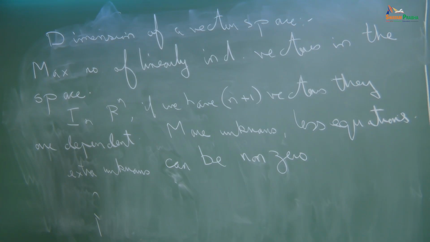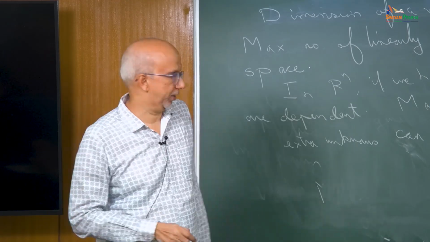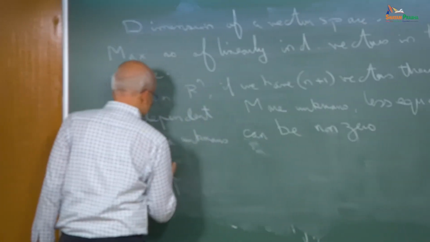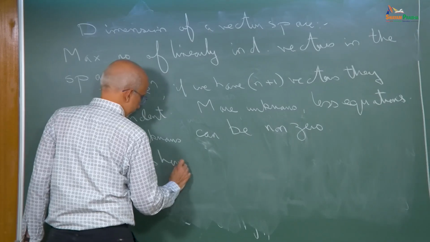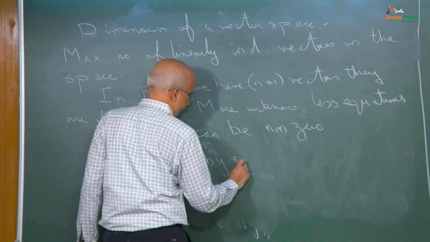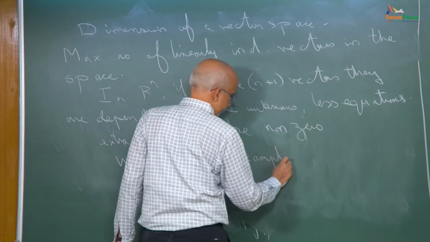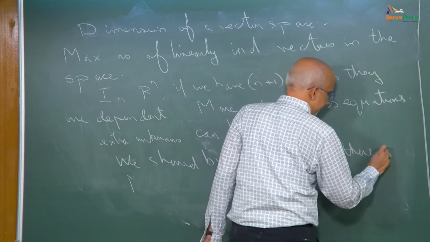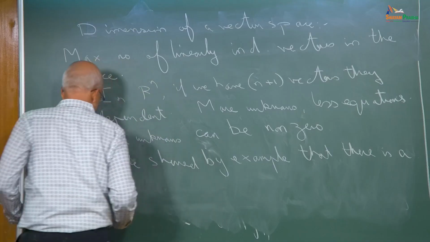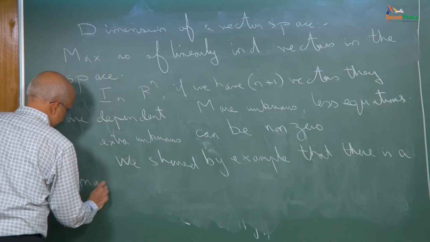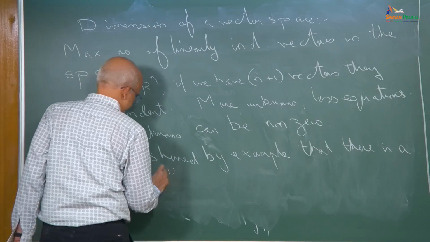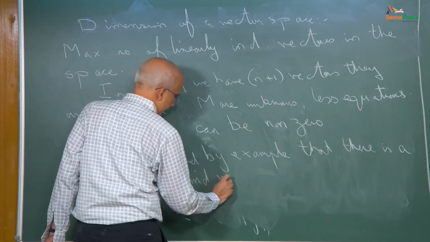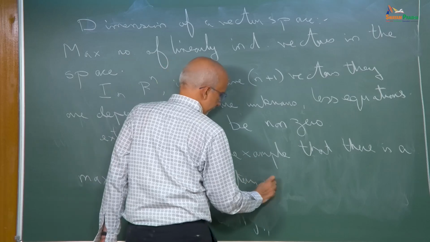And we showed that you can have a maximum of n independent vectors, right, E1, E2, E3, where E1 has 1 in the first coordinate, everything else is 0, okay. And we showed by example that there is a maximum of n independent vectors in Rn.